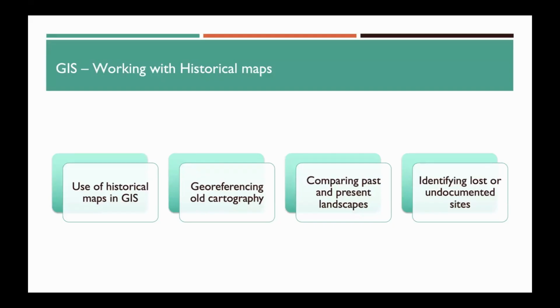So within a GIS workflow, these maps are first georeferenced, meaning they are aligned with modern coordinate systems. This process involves matching identifiable features such as river bends, hills, and settlements with current satellite imagery.